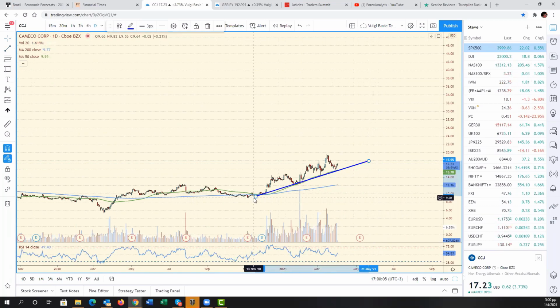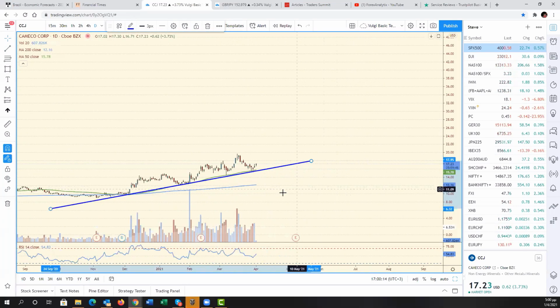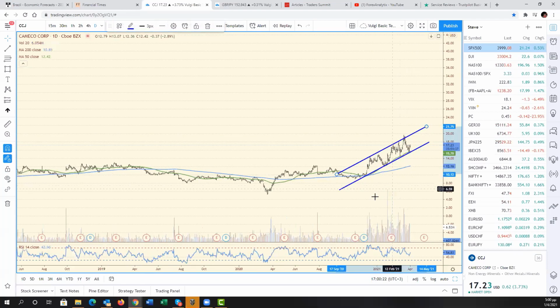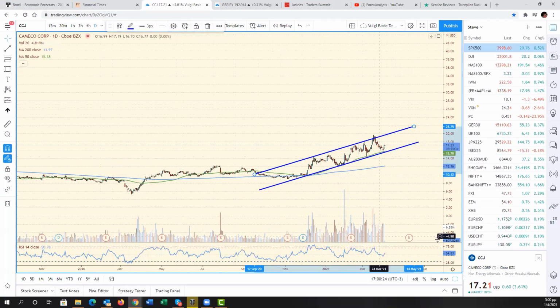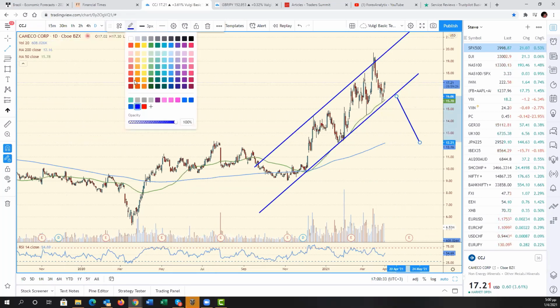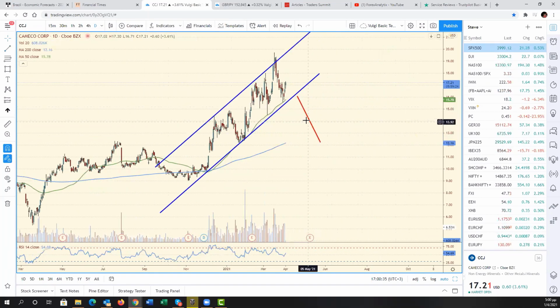But if you want to be buying it, you might as well do it somewhere here, as long as this trend line is holding, right? But if we break through this, I think we're headed towards there before we can continue higher.